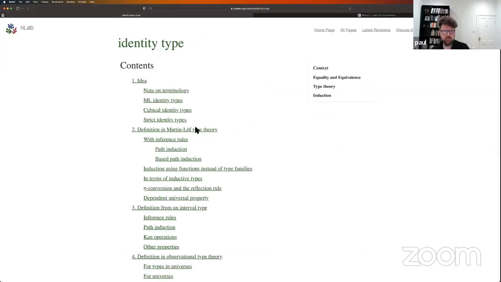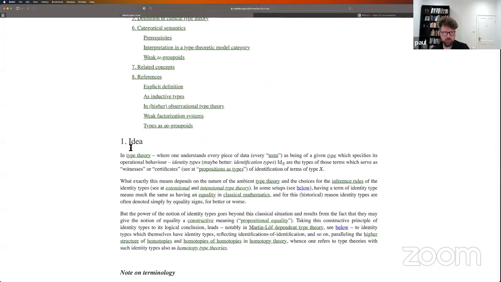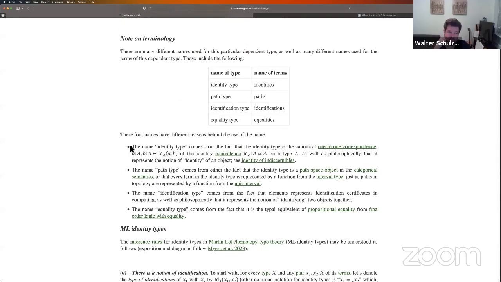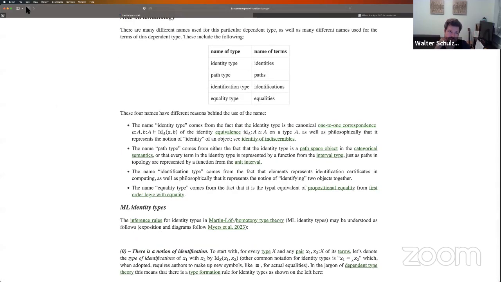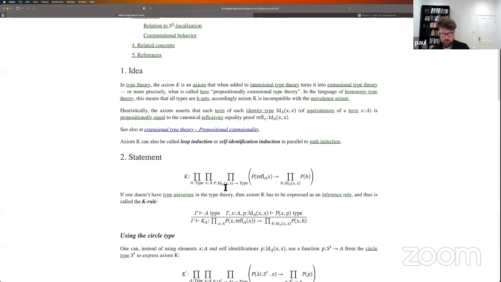Yeah, identity type of equivalences. So I think it is literally proofs of X equals X. Okay.